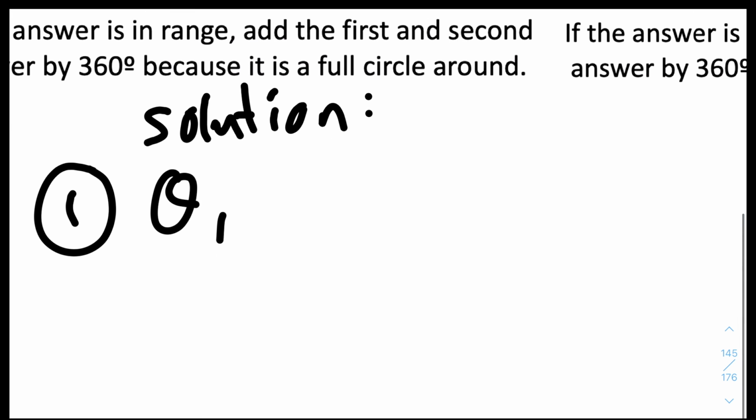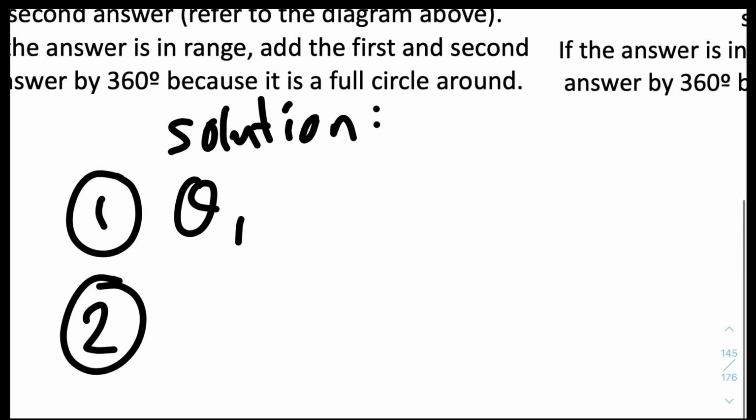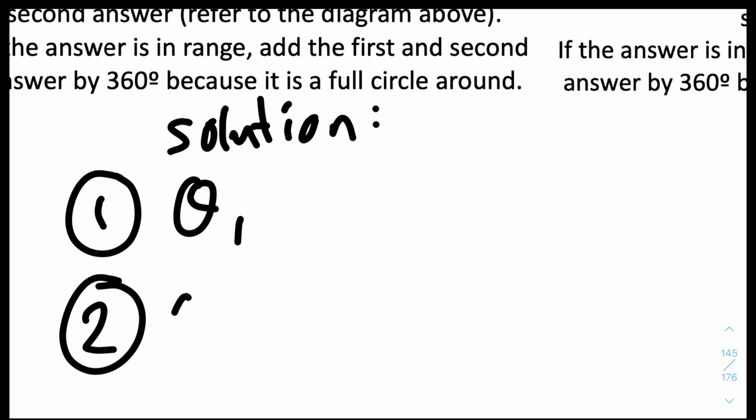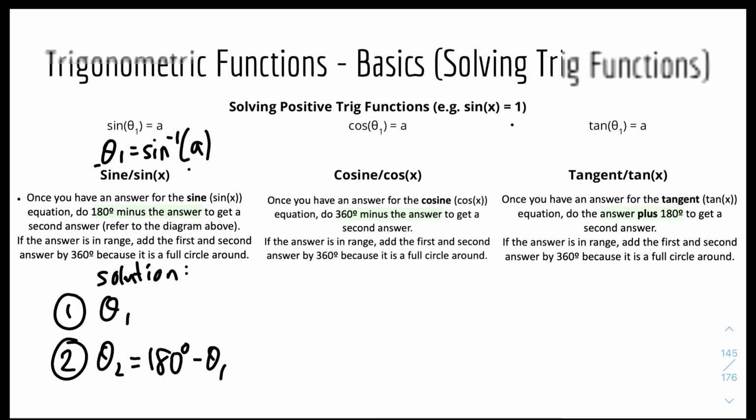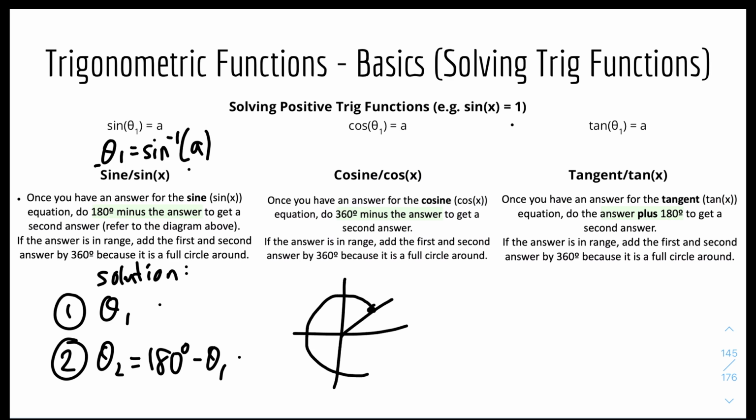And the second solution, let's set it as theta 2, will be 180 degrees minus theta 1, like so. And you can of course add or subtract 360 degrees to these, because remember from the CAST diagram, you can rotate 360 degrees to make a full circle, which is just going back to the same point.